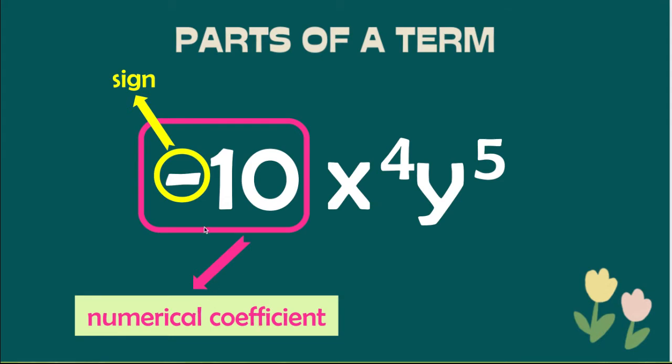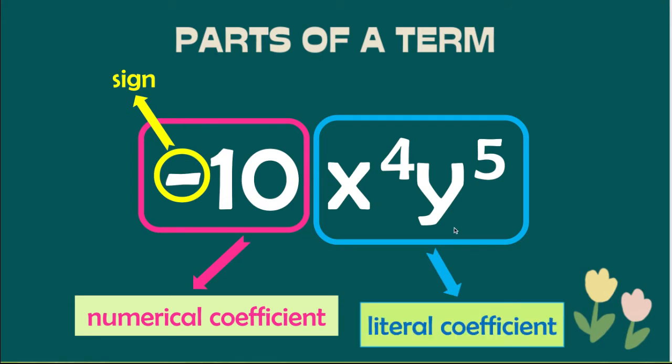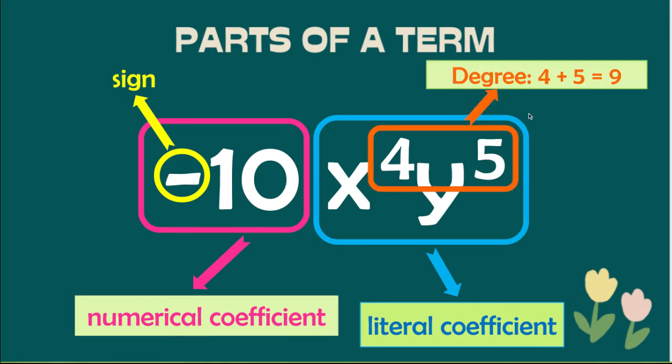So the numerical coefficient here is negative 10. This one here enclosed in the blue box is our literal coefficient. Notice that we have two powers here, two exponents, 4 and 5. Therefore, to get the degree of this term, we will simply add these powers. So the degree here will be 4 plus 5, and that will be 9. So the degree of this term will be 9.